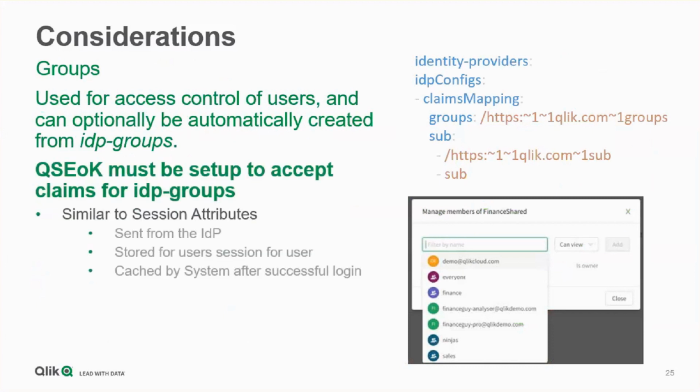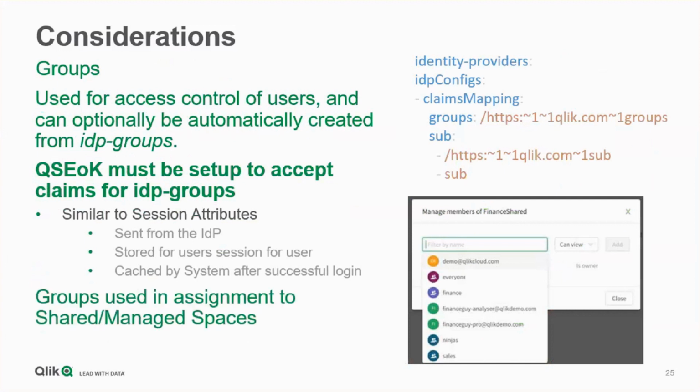QSEoK must be set up to accept these claims. In the console, there's a place where you can change this to automatically accept groups from the IDP. They're similar to session attributes in some ways in that they're sent from the IDP. They're stored for the user session, but they are cached by the system after successful login. That cache will be what actually populates this filter list. These groups can be used in the assignment of shared and managed spaces.